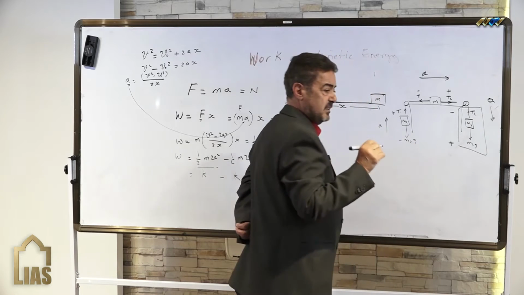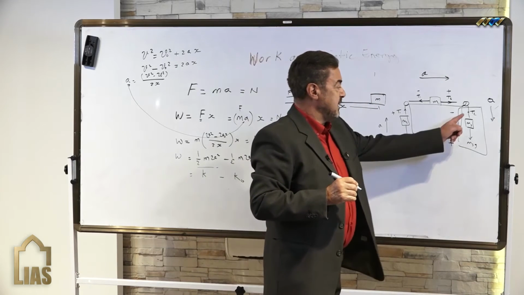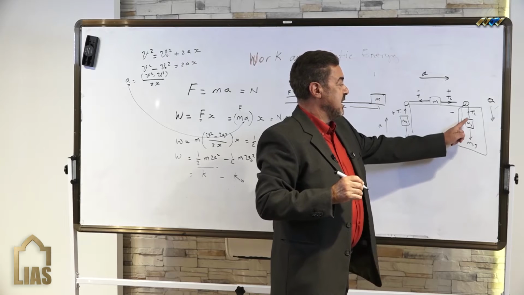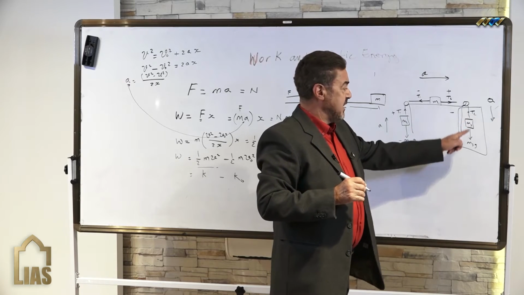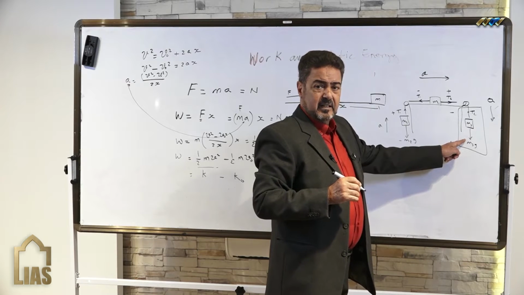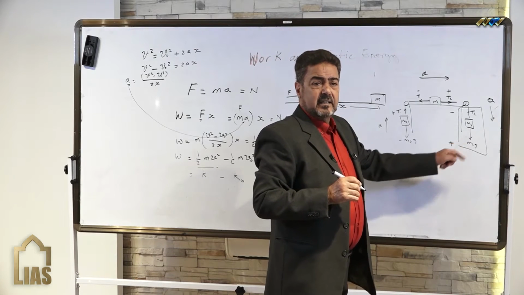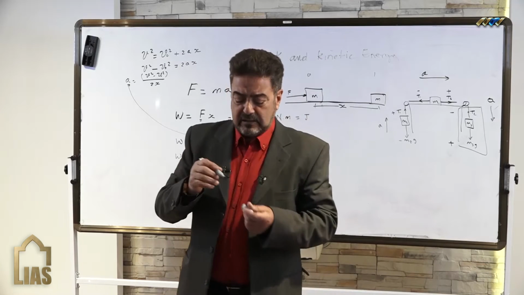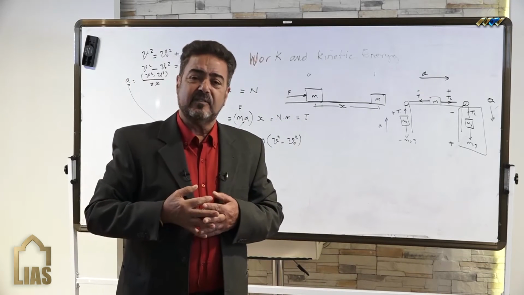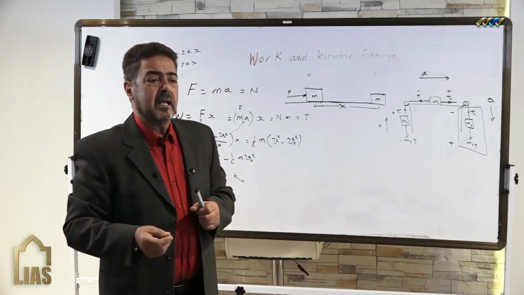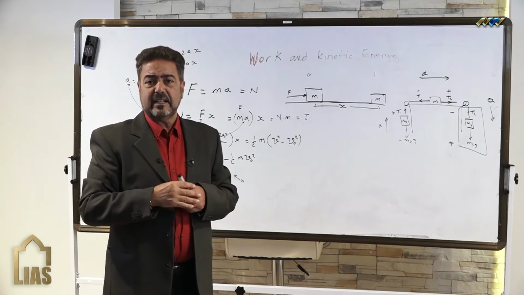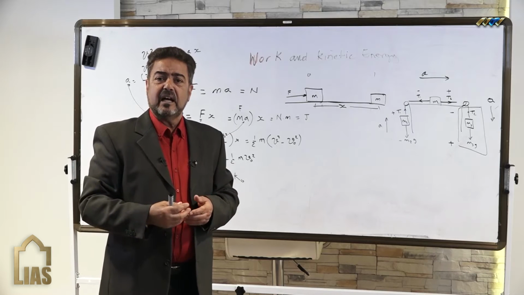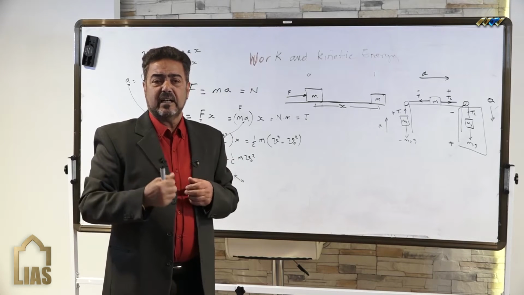This is a point where many students get confused. They put this positive as y positive and this negative as y negative. No. I told you the negative forces are always opposite to the direction of movement, like the frictional force, the spring force, and so on.